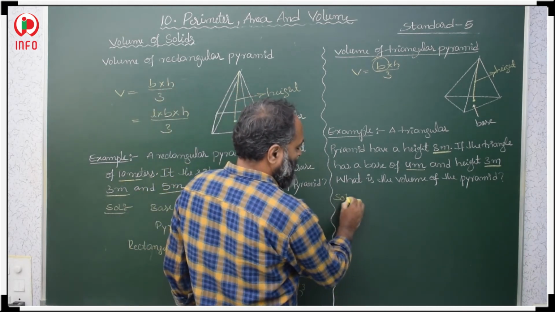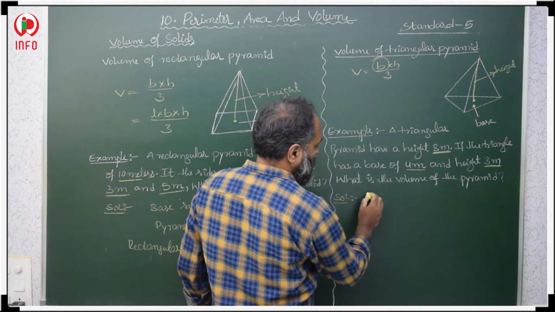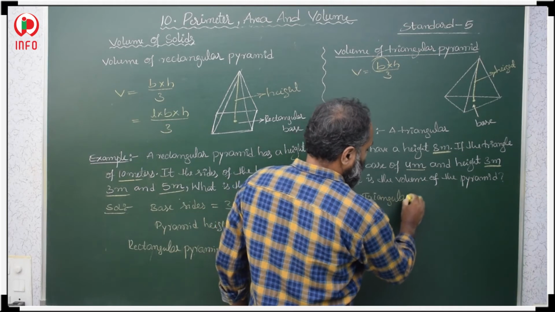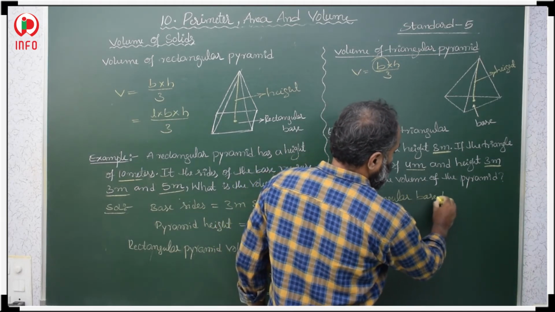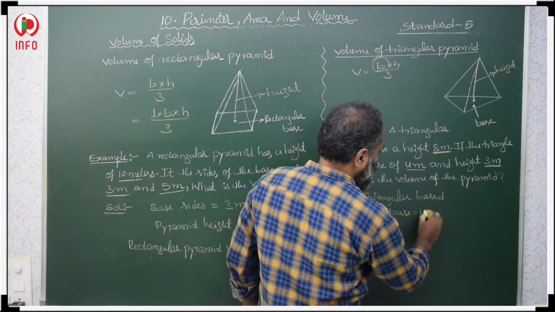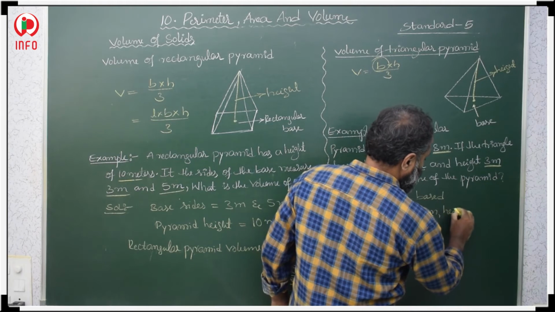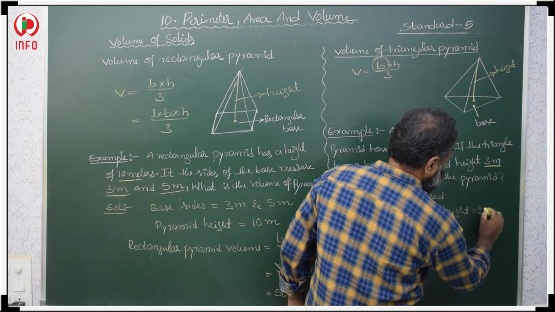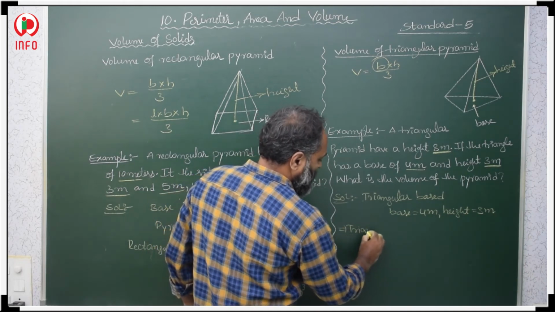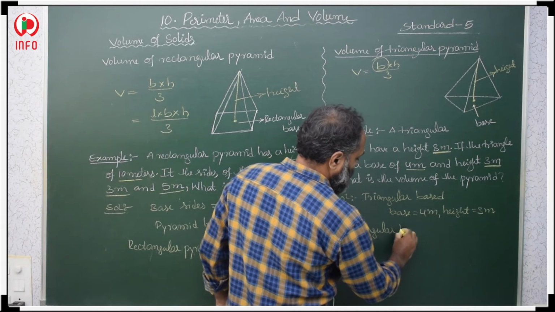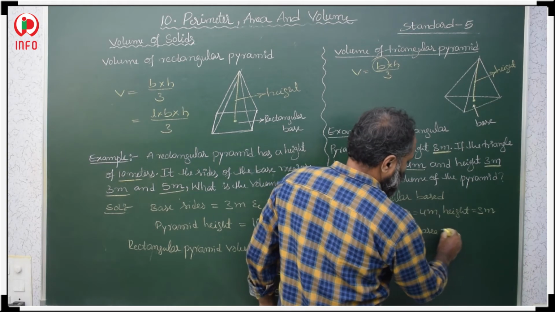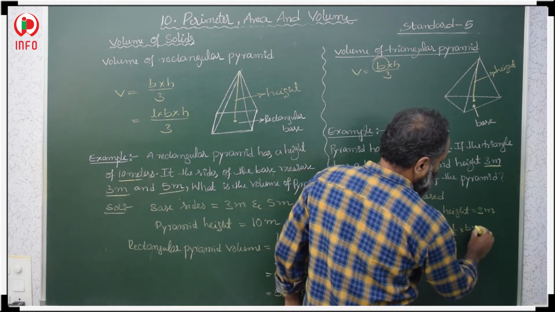Here first, the triangular base area is equal to half into base into height.